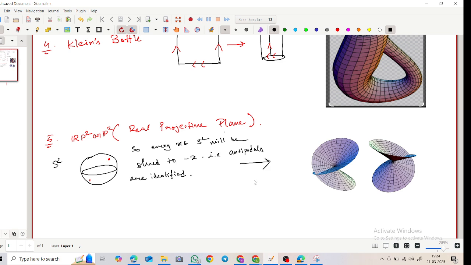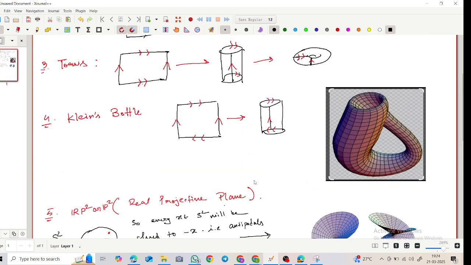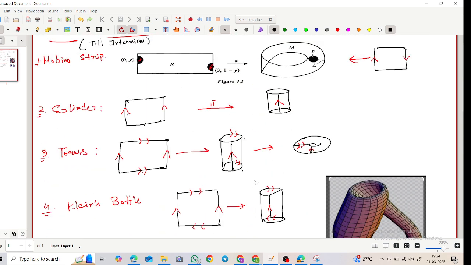Okay. Now see, these are sort of hand wavings. Okay, we are gluing this, we are doing that, but we have to make things rigorous. The first thing is: what are the topologies?